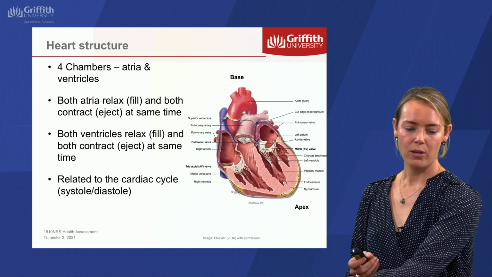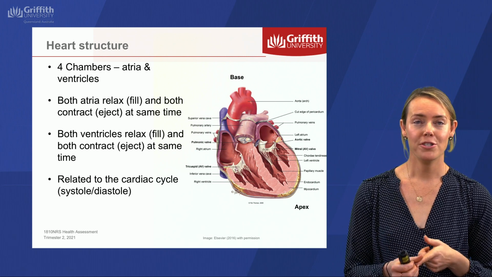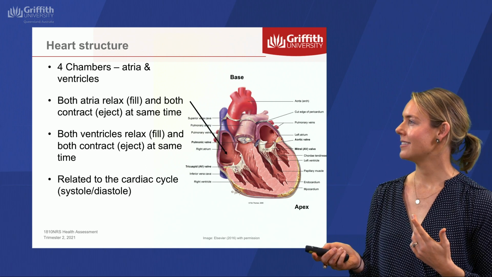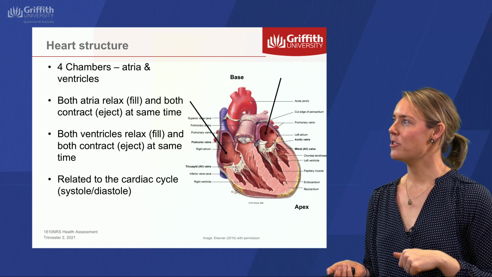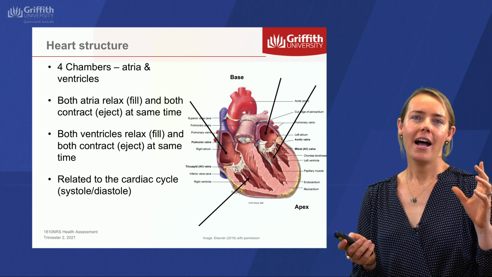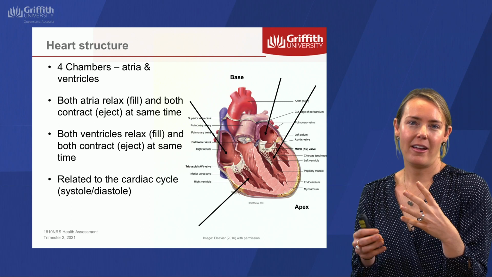So when we are looking at our heart structure, we have got our 4 chambers, as I said before. We've got the 2 atria, and our 2 ventricles, which are down there. The atria and the ventricles will work together at the same time.